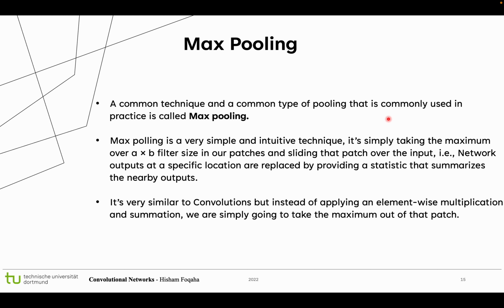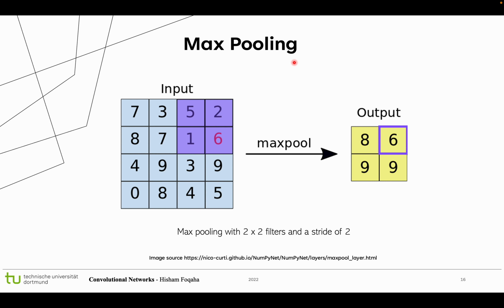So your network outputs at a specific location are replaced by a statistic that summarizes the nearby outputs. It's very similar to convolution, but instead of applying an element-wise multiplication and summation, we simply take the maximum out of each patch, or for example the mean, and many other techniques. So let's talk about max pooling.